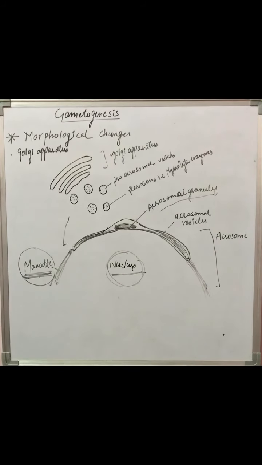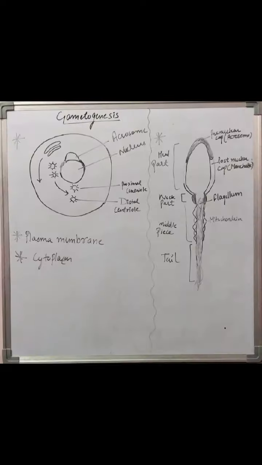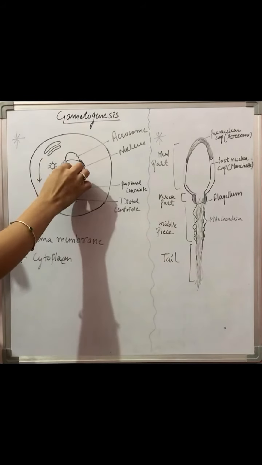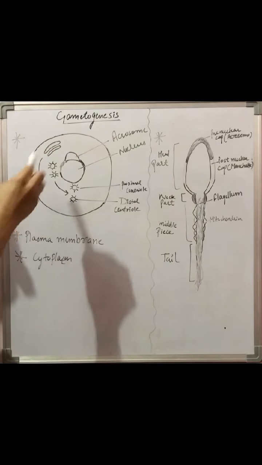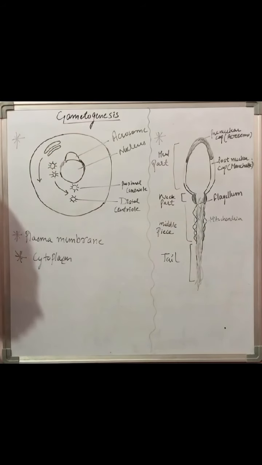So we have discussed the morphological changes taking place in the nucleus and in the Golgi apparatus. Now we will see the changes taking place in the centriole, plasma membrane, mitochondria and cytoplasm. We have seen that the nucleus is formed and a cap-like structure, the acrosome, is formed above the nucleus.